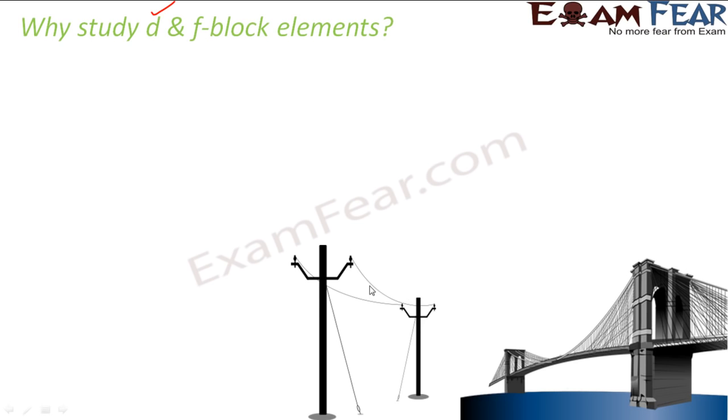Also, the wires that are used, copper wires for transmitting electricity, copper is again a D block element. A lot of places where we use D block elements. The utensils in the kitchen is typically iron or steel. Steel is made out of iron. You must be knowing that, right? So these are all D block elements.